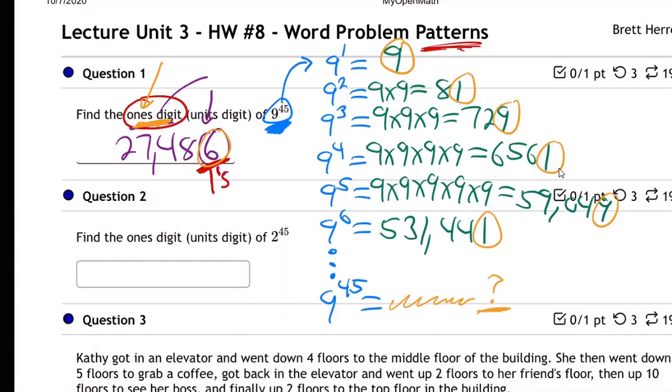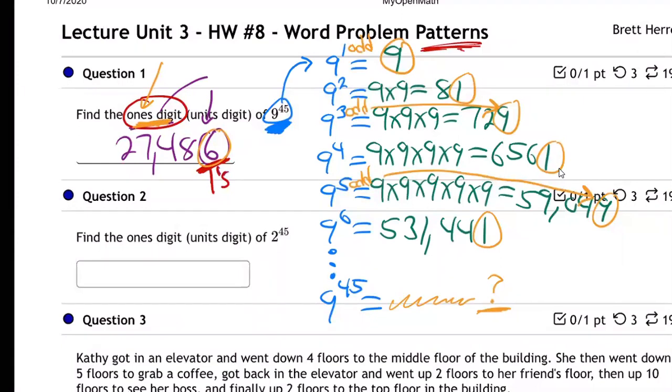9. How do we know it's 9 and not 1? Good job, it is 9. How do you know? Because 9 hits the odds every time. Yeah, everybody see what Omar's observing? Do you see every time we have an odd power, like 1 is an odd power, 3 is an odd power, see how it ends up being a 9? 5 is an odd power, it ends up being a 9 at the back.